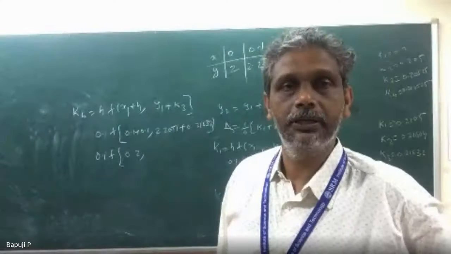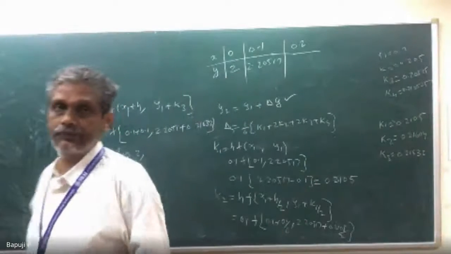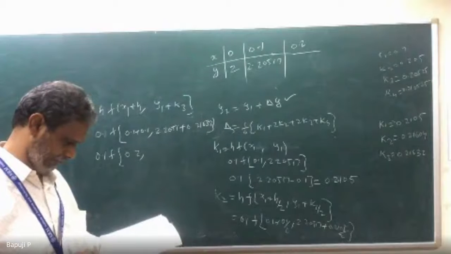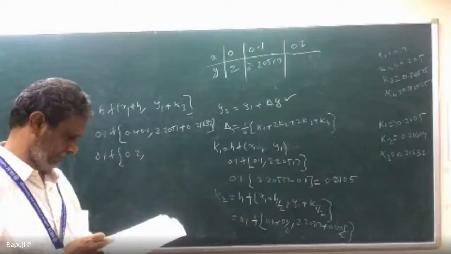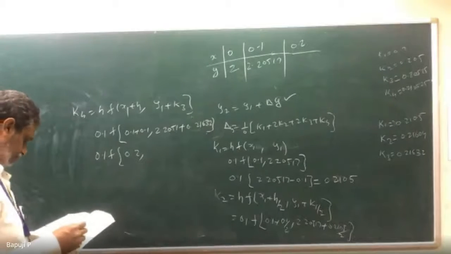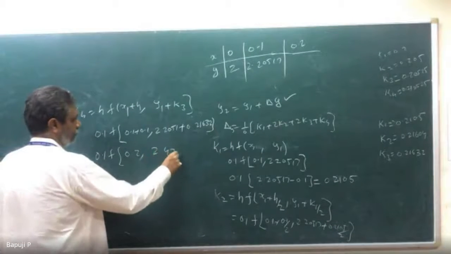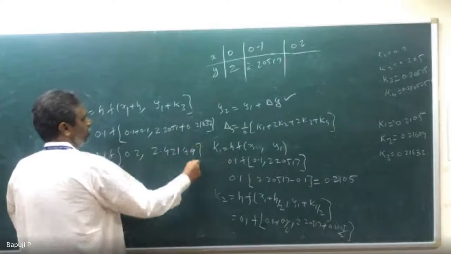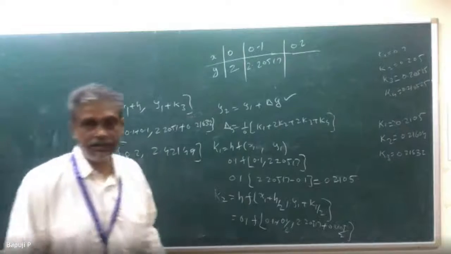I'll find out the value. Two point 42149. Don't copy down, simply use your calculator and confirm.